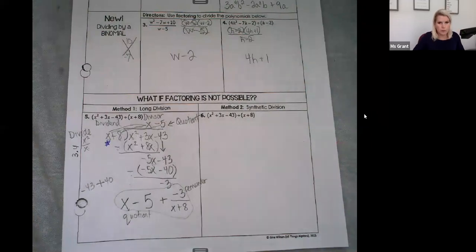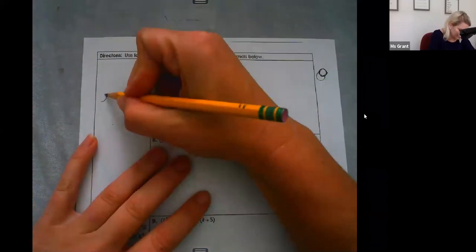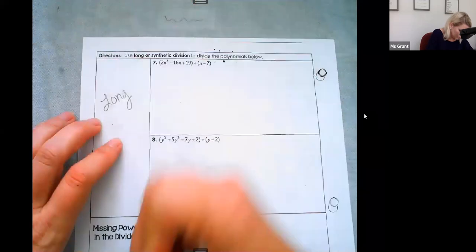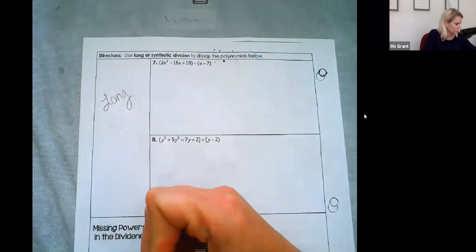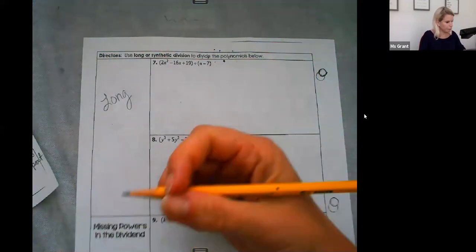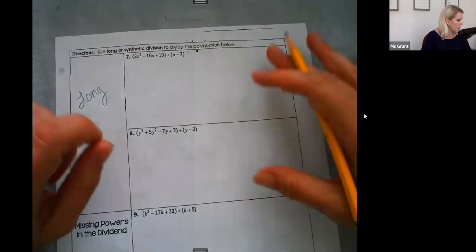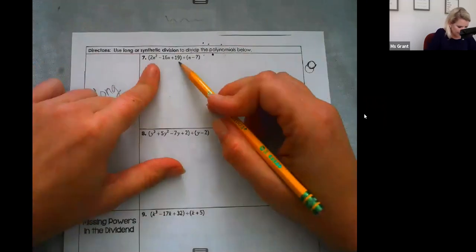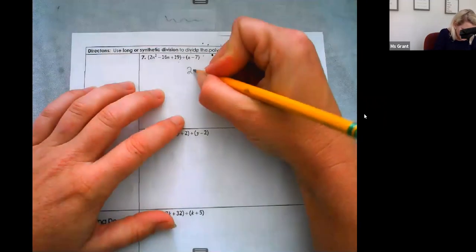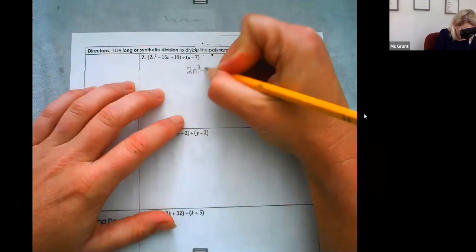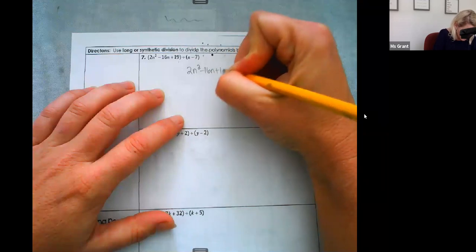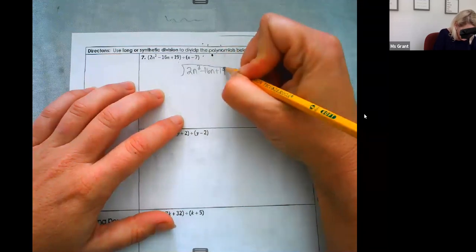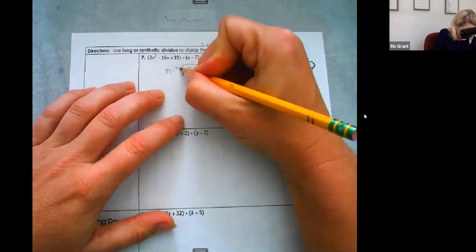I'm going to turn it over and I'm going to do number 7, long division. So take a look at number 7. Okay, number 7, here I go. This is what I'm dividing, so that goes underneath. And my n minus 7 goes on the outside.